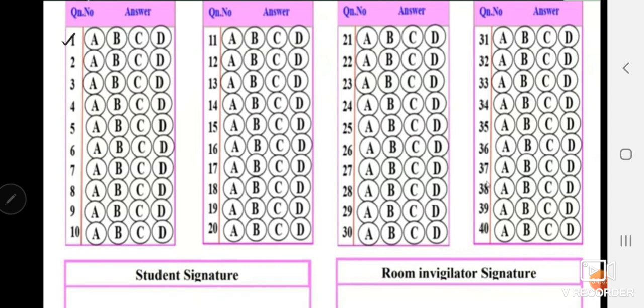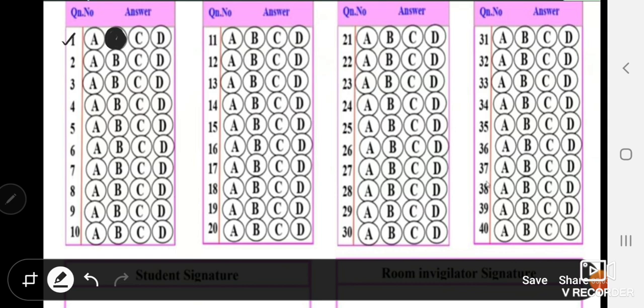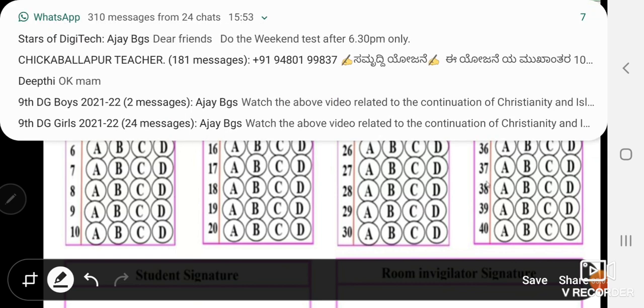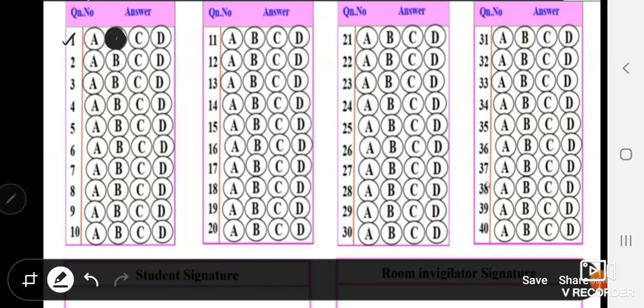answer. If it is B, first encircle the B, then go and shade inside. This is the easy method of shading. Otherwise, if you start to shade from the middle, it cannot be shaded properly. This is the easy method to shade the OMR sheet.